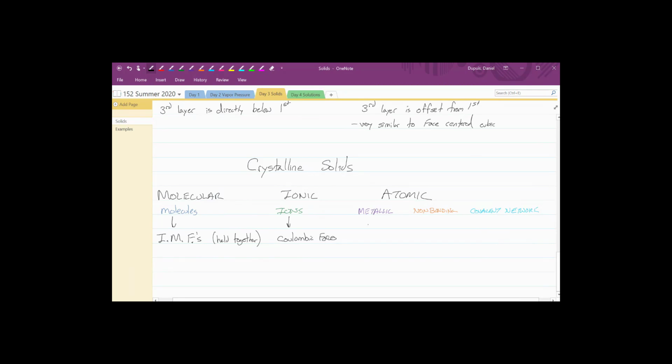Metallic solids are held together by metallic bonds, which is a delocalization of electrons. We don't really go into much of that. The non-bonding atomic solids are held together by intermolecular forces. And the covalent networks are actually held by covalent bonds.